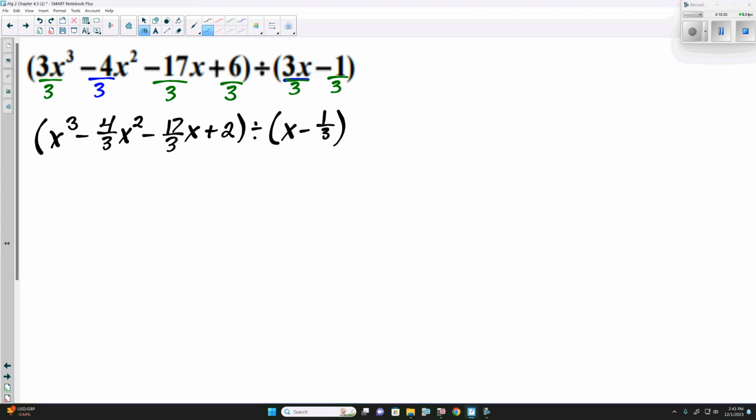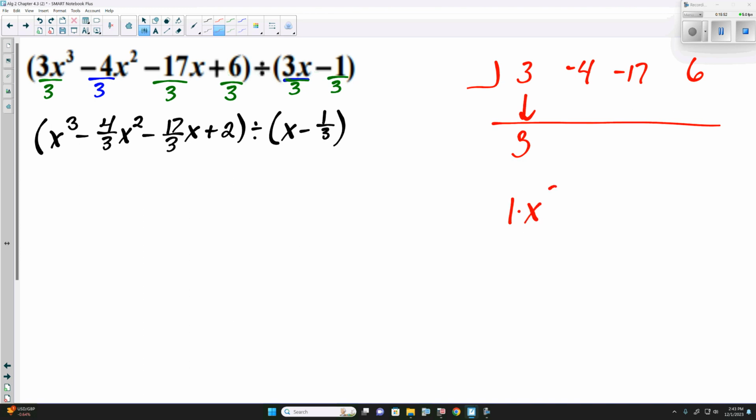If we left it alone and left it as this here, going across the top, we'd have 3, -4, -17, 6. Yes? And the first step is to bring down the first term. But we said with long division, the first term was 1x squared, yes?